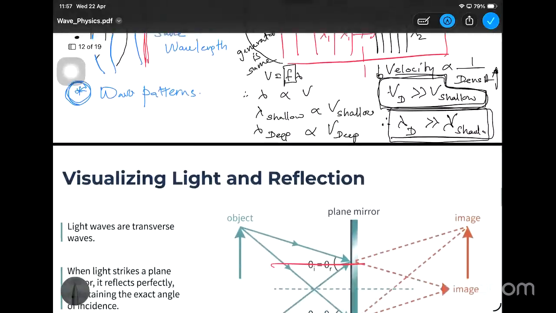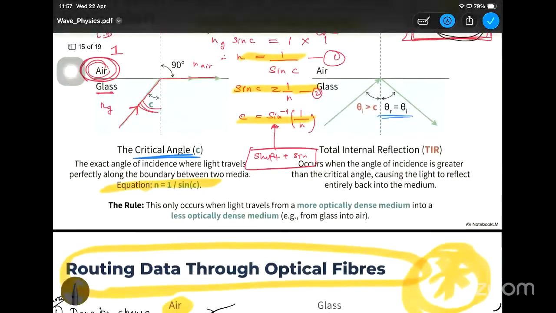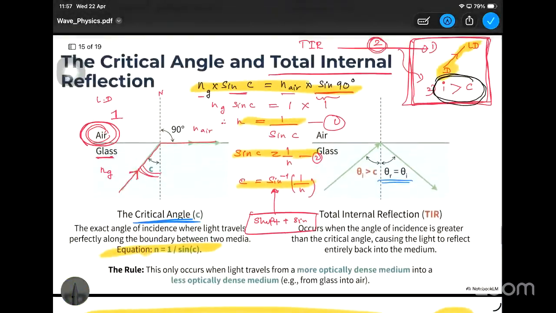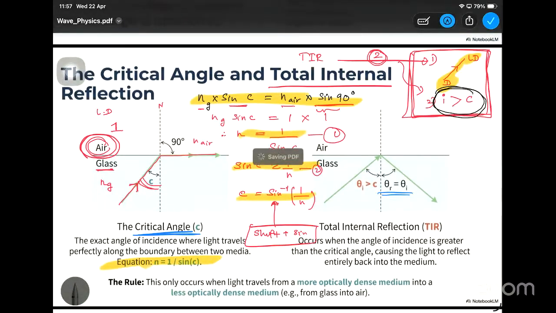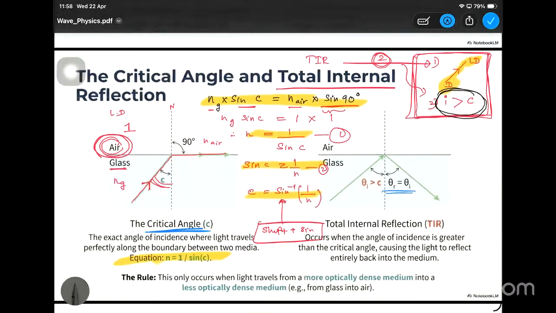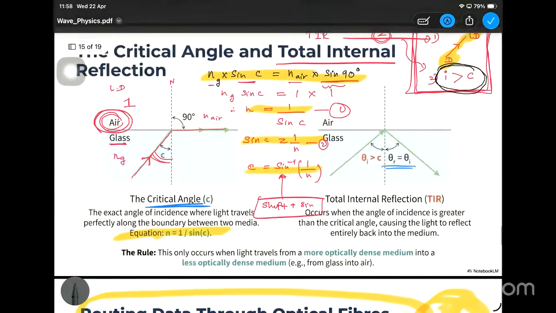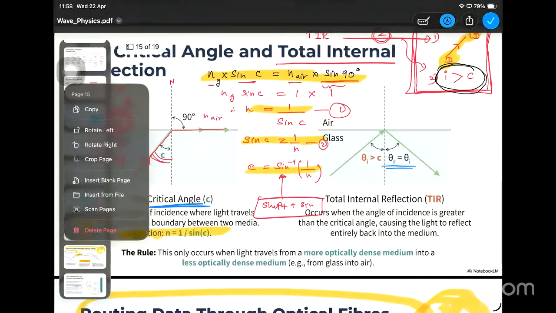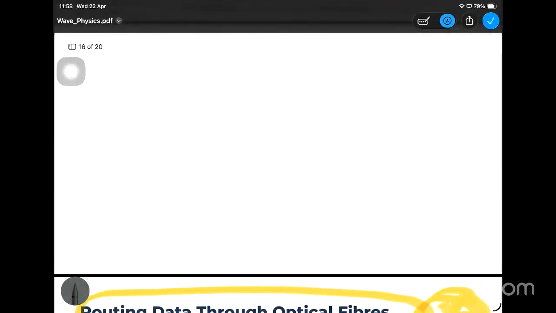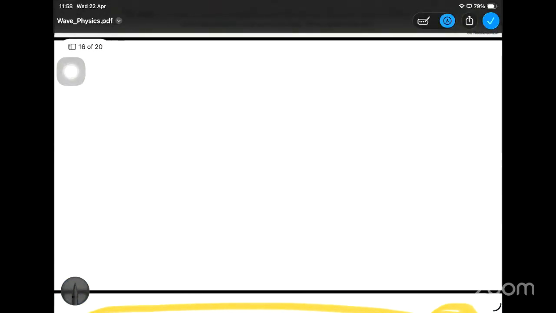And here another thing, when it comes to light waves, let's say I'll discuss a general practical as well. So normally, when it comes to the practical, the normal thing that we are going to do is something like this.